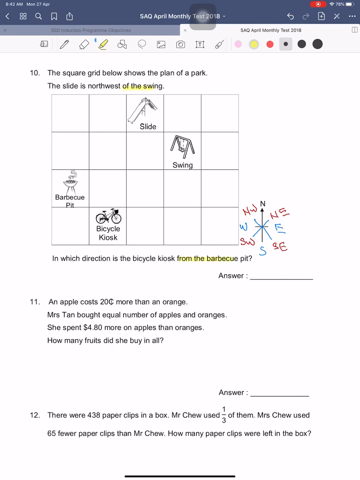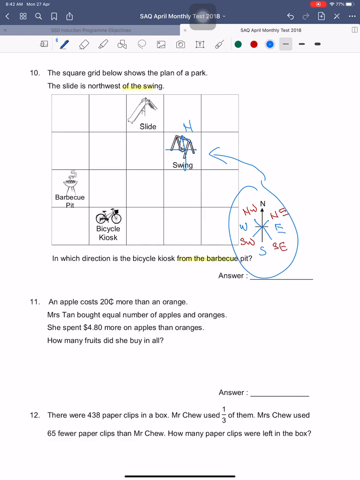Whenever they use such words, right, of the swing, that means you will put this on the swing. I'm not going to write down all the detail, if not the whole thing is very messy.